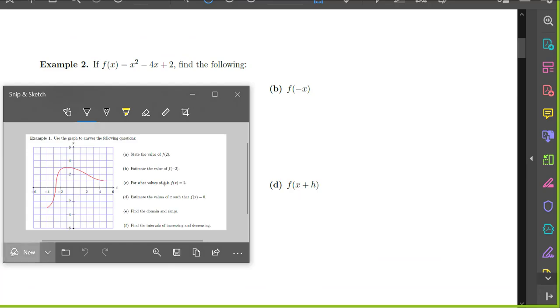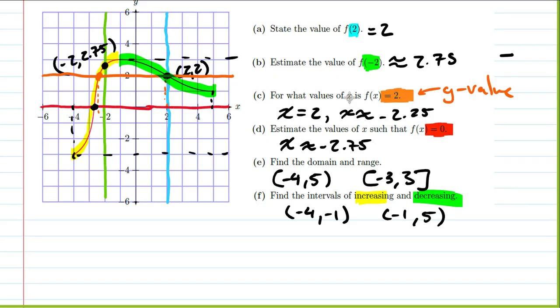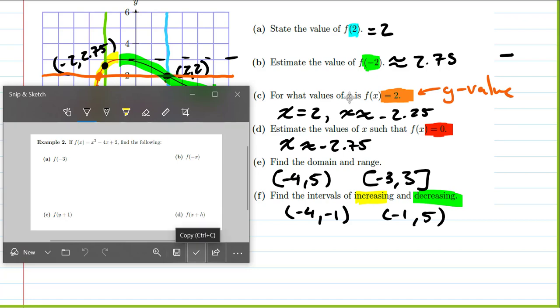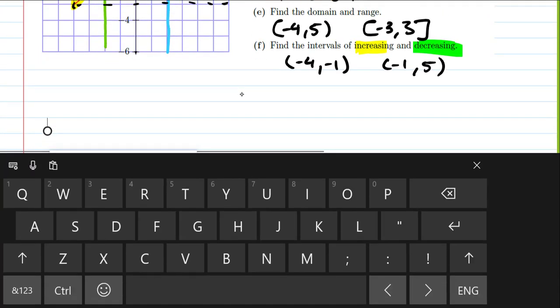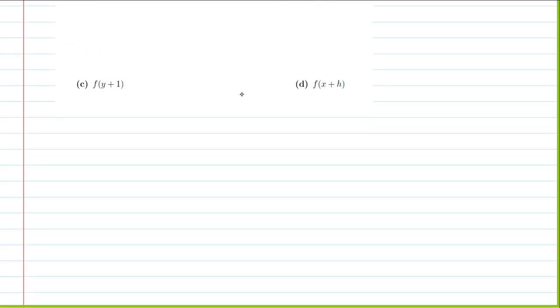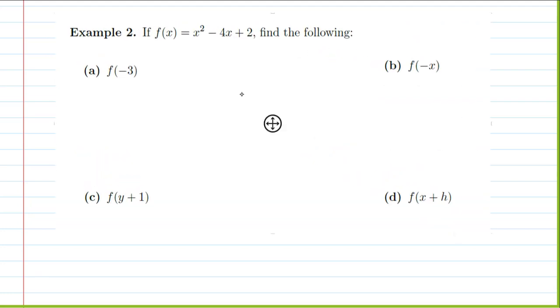All right, so example number 2 is using the algebraic representation of a function, where we associate our input-outputs with numeric or variable values.